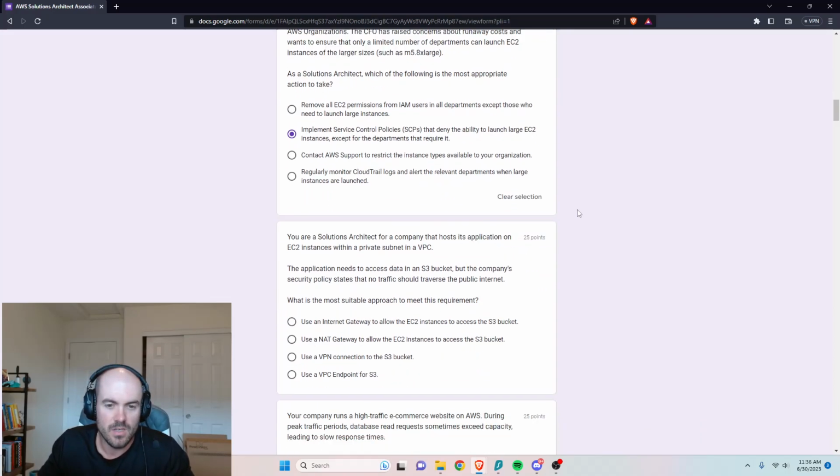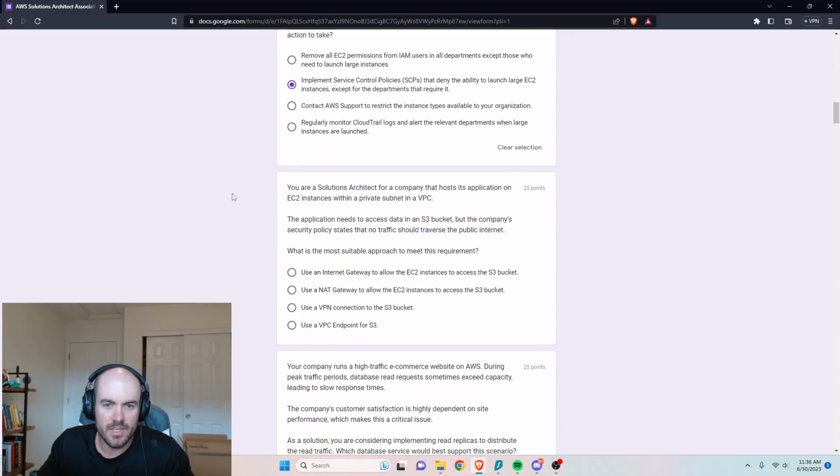Okay. All right, you are a solutions architect for a company that hosts its application on EC2 instances within a private subnet in a VPC. The application needs to access data in an S3 bucket, but the company's security policy states that no traffic should traverse the public internet.